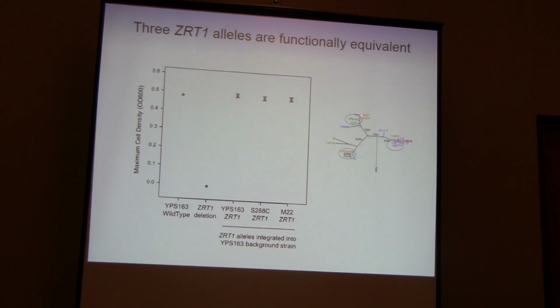Then we took 3 different ZRT1 alleles from the 3 different groupings of strains that we found, each distinguished by multiple non-synonymous changes, and we put them back into this ZRT1 deletion strain. All 3 of them rescue to 100%, at least under the conditions that we were able to measure. So all of them are functionally equivalent and show no differences from one another.